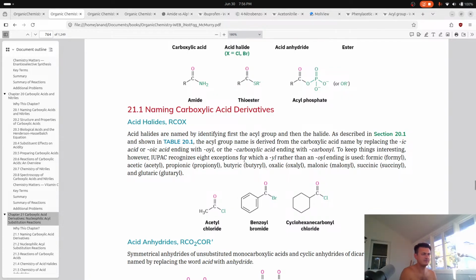In the case of the carboxylic ending, this suffix goes to carbonyl. So then this is called cyclohexanecarbonyl chloride.